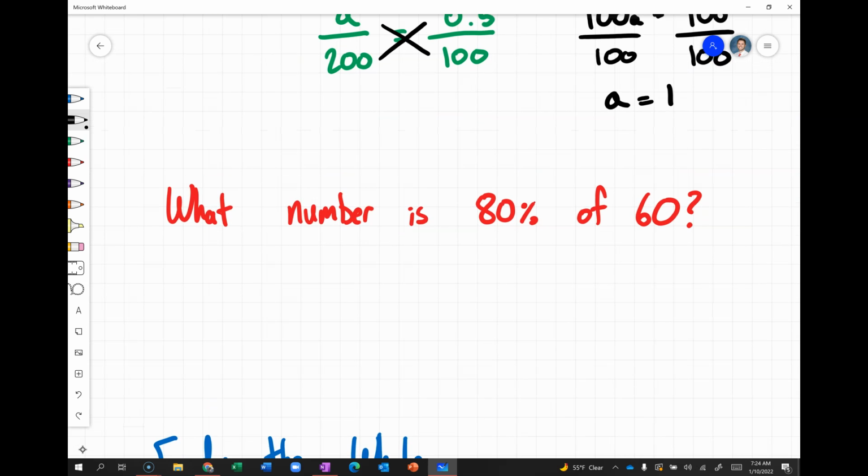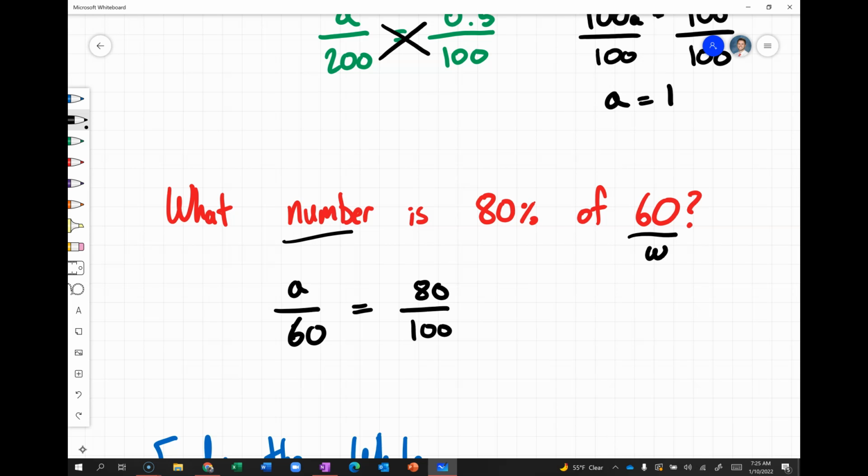Another example: what number is 80% of 60? A is that number, and 60 is our whole. We want 80%, so P is 80 over 100.